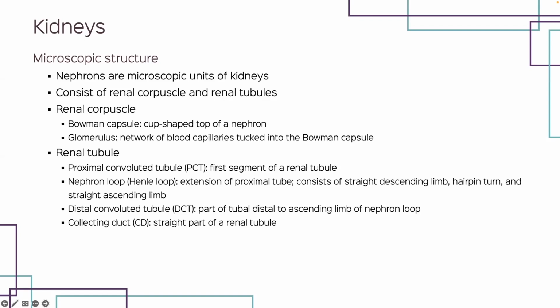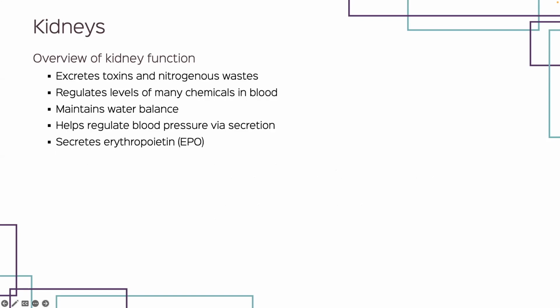The distal convoluted tubule, or the DCT, is the part of the tubule that is distal to the ascending limb of the nephron loop, and it extends from the ascending limb to the collecting duct. And then your collecting duct is a straight part of the renal tubule, and the distal tubules of several nephrons will join to form a single collecting duct.